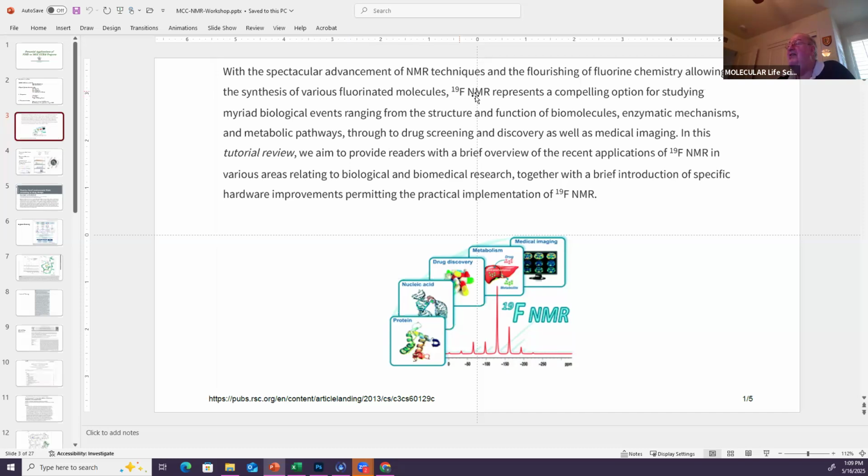And so F19 NMR represents a compelling option for studying a whole range of biological events and protein structure function events. This particular review is a really nice review. What I'm going to do is point out a bunch of papers that, if you're really interested in delving into it, will be, in my opinion, a really good starting point for thinking about how to develop an NMR-focused cure.